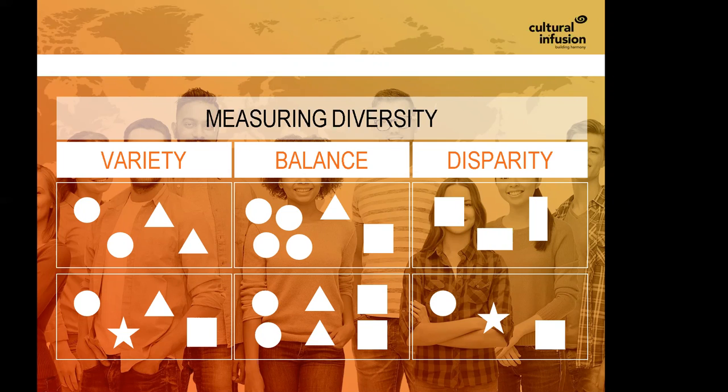And third is disparity, or distance. Here what we mean is the dissimilarity of the units we're trying to measure. Let's say in one group we had an Italian, French and Spanish person, and in another group we had an Italian, Japanese and Arabic speaking person.